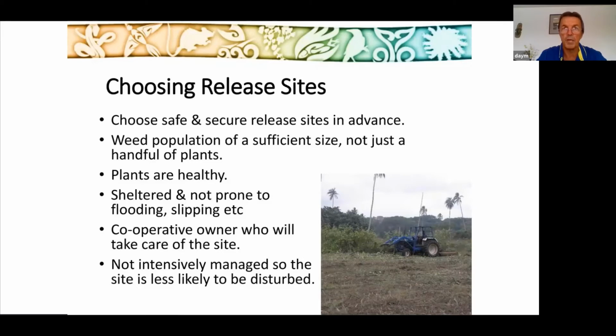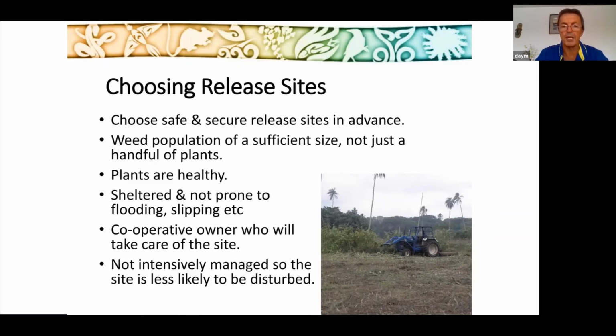So we need to make sure that where we're releasing our agent is suitable, and the land ownership allows it to occur. So just need to engage, making sure the owners of that land are amenable to what we're doing. And then also not intensively managed, so the site is less disturbed.